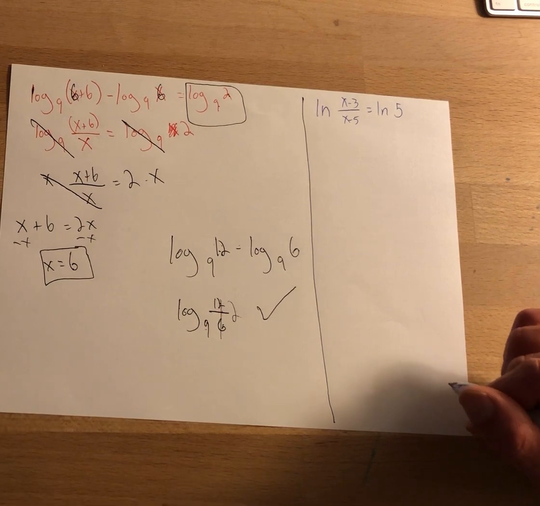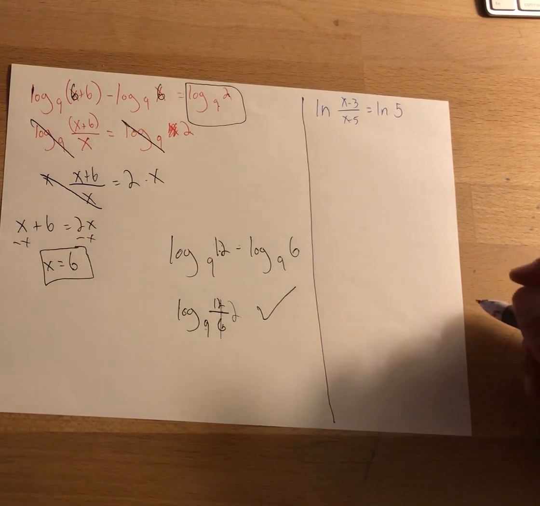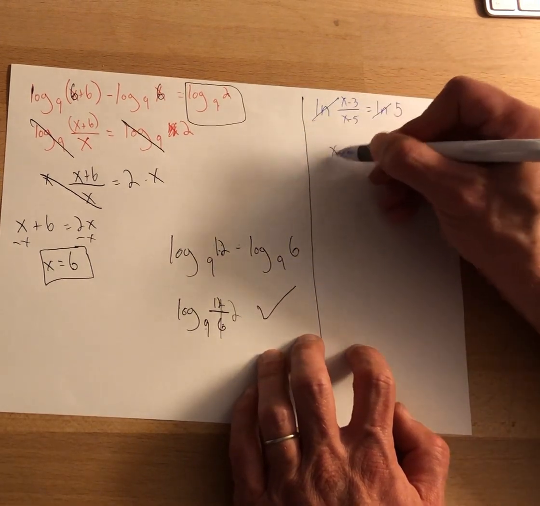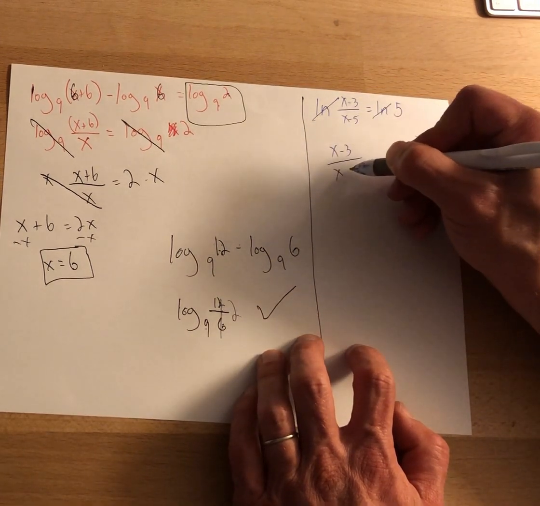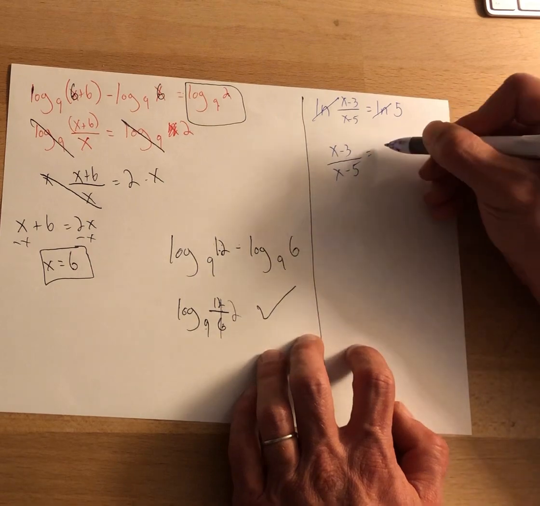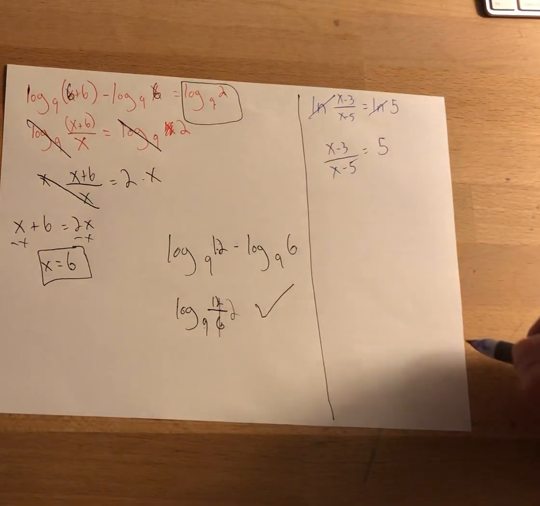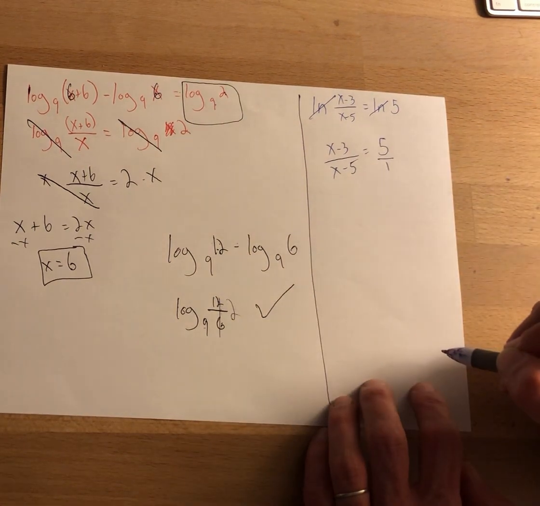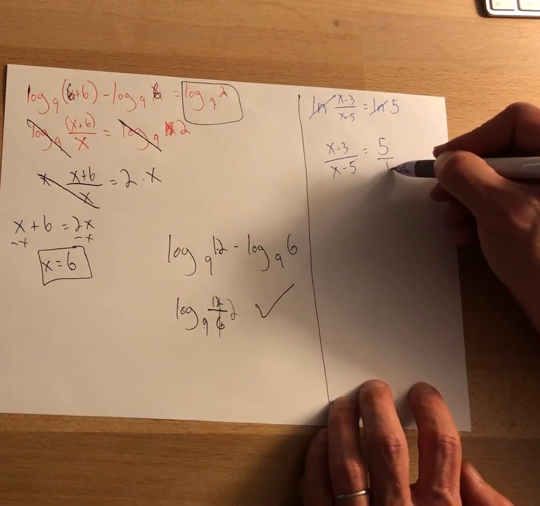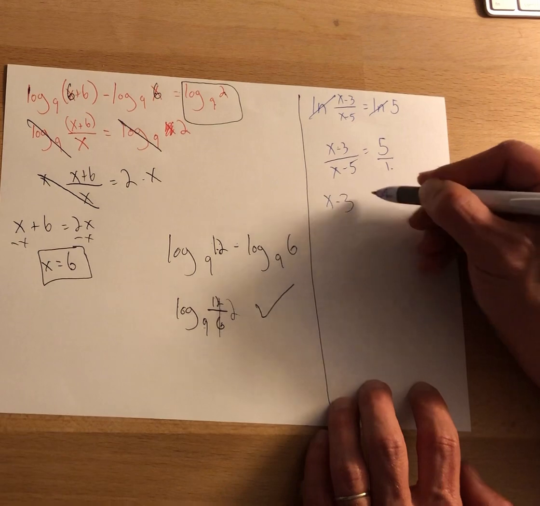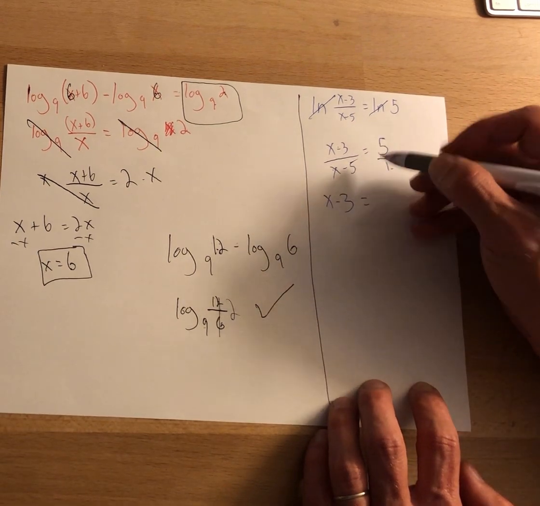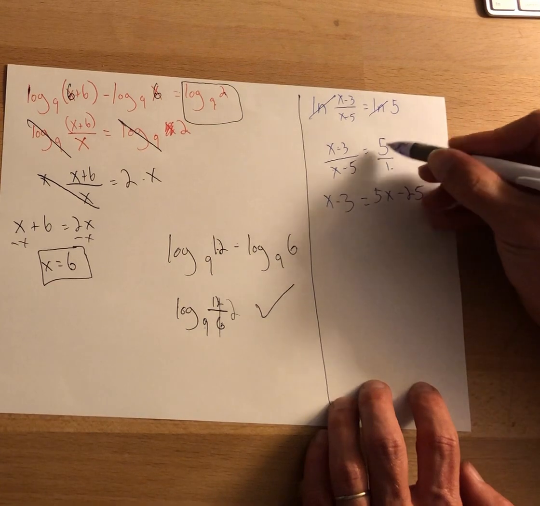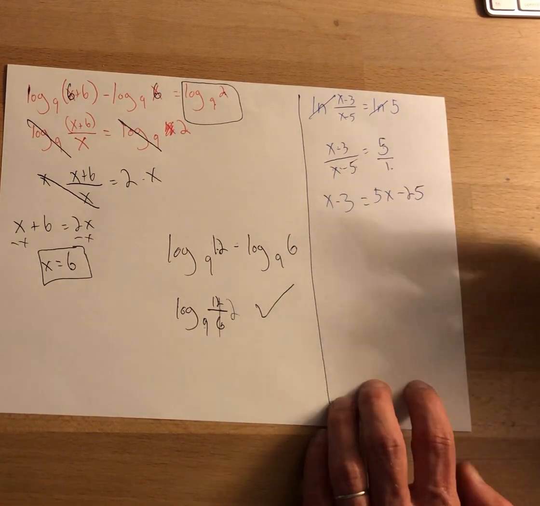First thing that I'm going to do is cancel out the logs, because I know that x minus 3 over x minus 5 has to equal 5. Okay, how do I solve? Well, let's turn this into a proportion and cross multiply. X minus 3 times 1 is x minus 3. 5 times x minus 5 is 5x minus 25, because I'm multiplying both of these. And then solve for x.